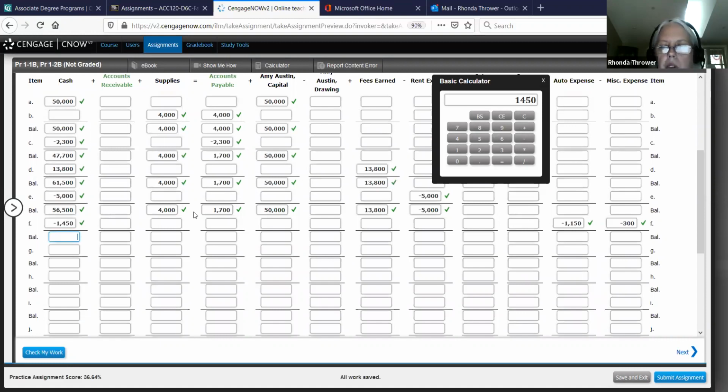So we're going to start with our cash account at $56,500. We're going to subtract $1,450 from that, and that will give you $55,050. Bring down your transactions as they are.